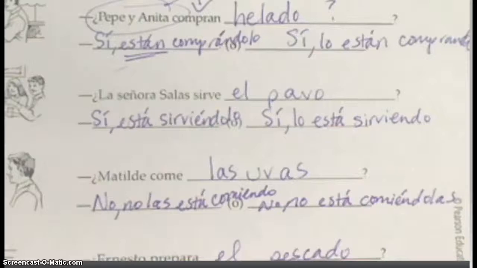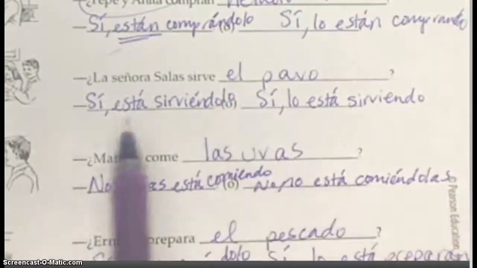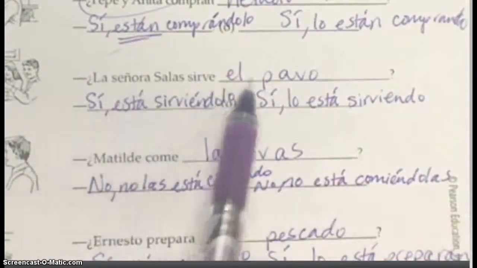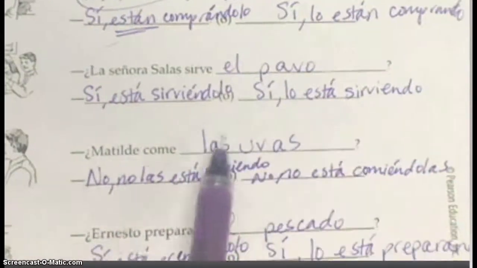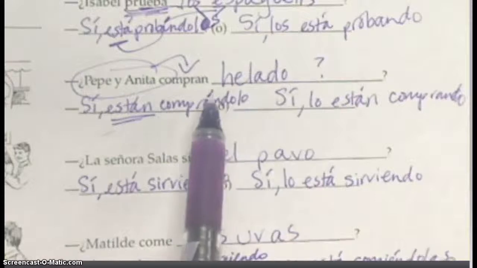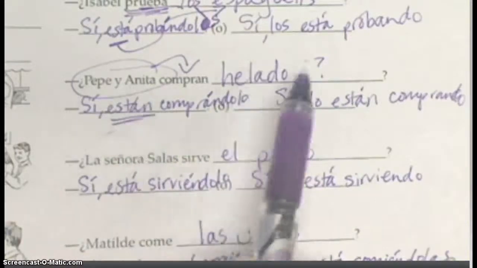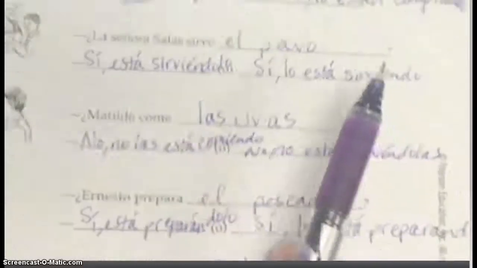Okay, so I believe we did the ice cream one. I'm going to leave it zoomed in so that you can see it a little bit better. La señora Sala sirve el pavo, sí está sirviéndolo, sí lo está sirviendo. El helado, sí están comprándolo, o sí lo están comprando.